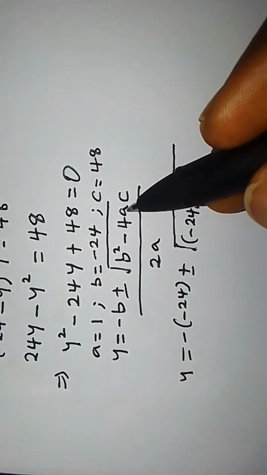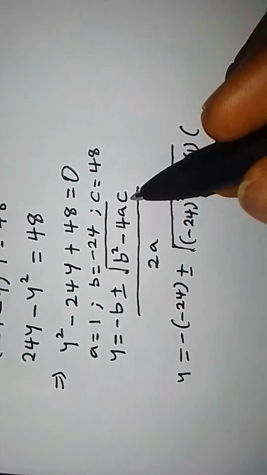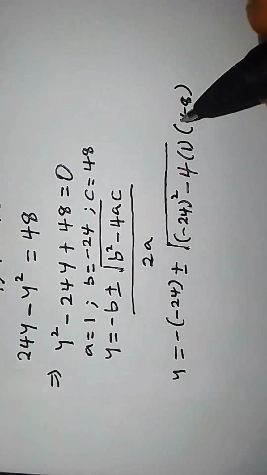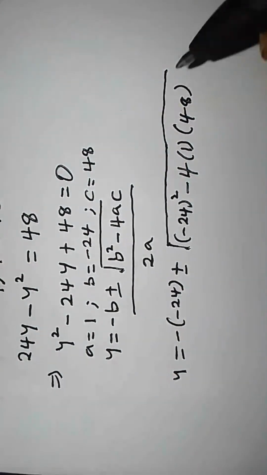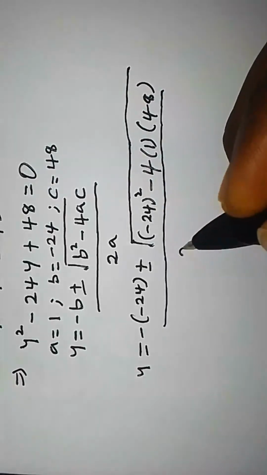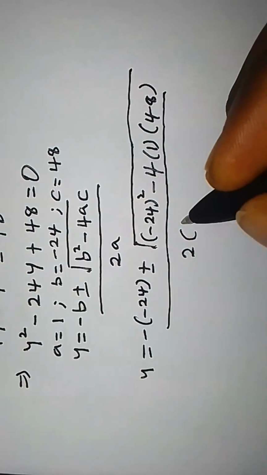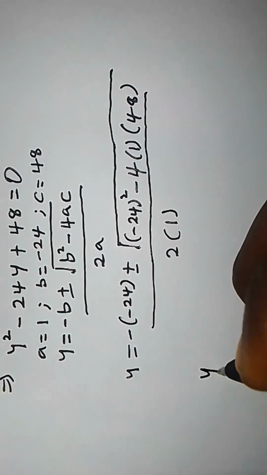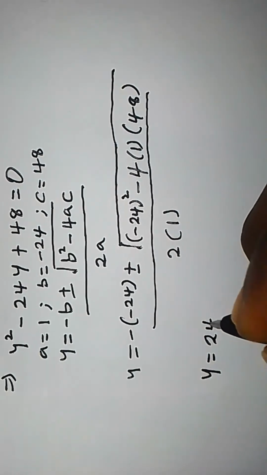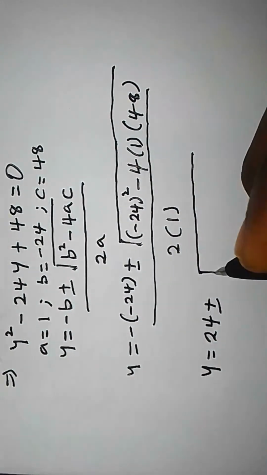What is a? a is 1, into 1, into, what is c? c is 48. Let's continue. Everything divided by 2 into the value of a, that is simply 1.